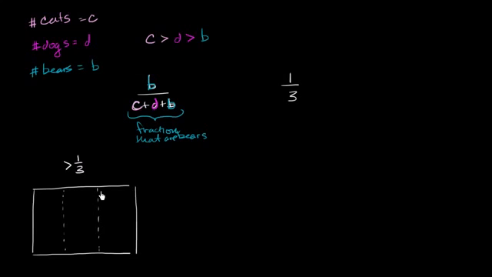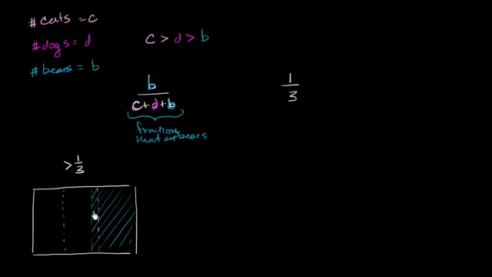The fraction of bears, so this is 1/3 under the dotted lines. If I want it to be greater than 1/3, I'll go a little bit more than 1/3, right over there. But if the fraction of bears is greater than 1/3, the fraction of dogs has to be even greater than that.